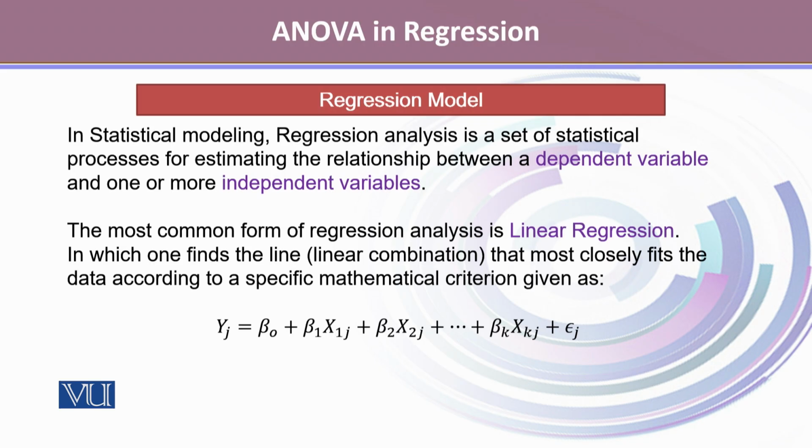This model is called the multiple linear regression model. But if in this model we have only one independent variable and one dependent variable, it will be called a simple linear regression model. Whether we are working with a simple linear regression model or a multiple linear regression model, the concept of ANOVA and its usage stays the same.